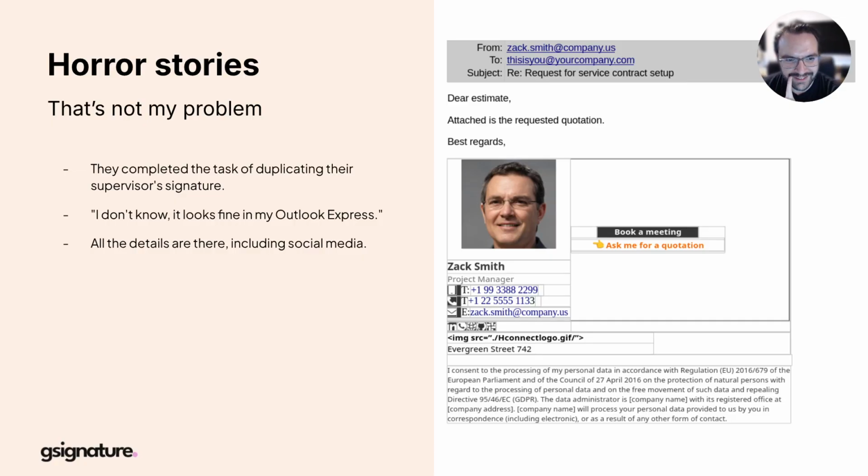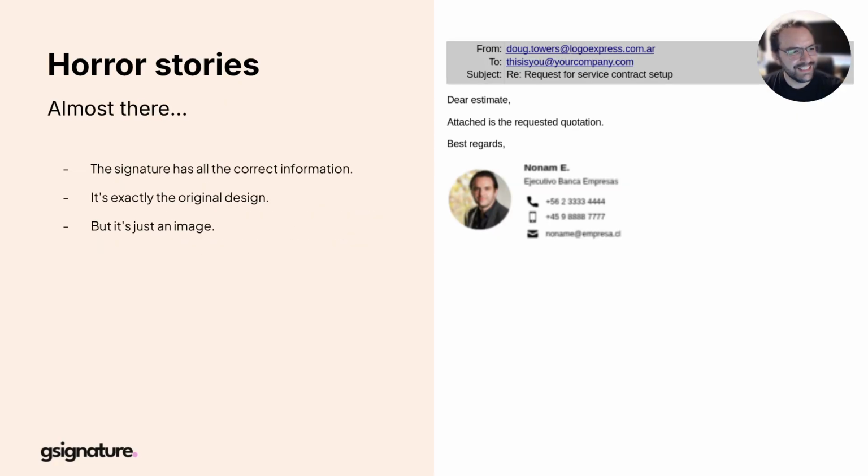So this next one is so close, almost got it. This signature actually has the right design. The information is correct. At first glance, it looks fine, but if you look closely, it's just an image. This is something IT sometimes sets up directly through email policies most of the time.